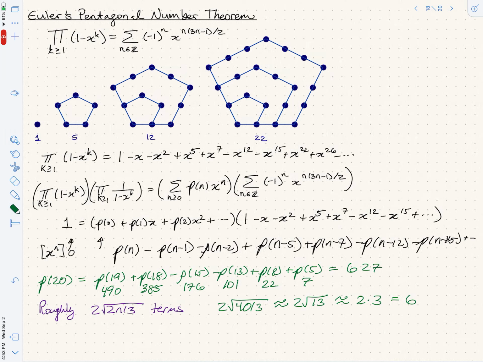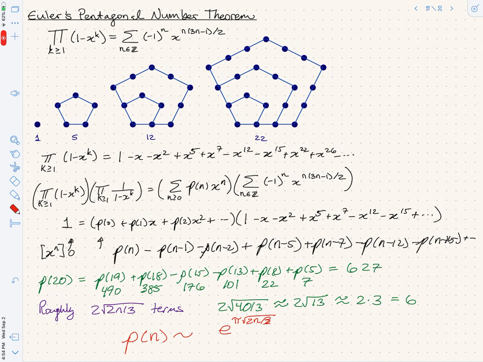And another thing, just the last thing to say, since we're at the very bottom of the page, is you can use Euler's pentagonal number theorem to do an estimate of the actual growth of the partition numbers. So I'm not going to put a proof of this in there, but it's something that I can give you a reference to if you want to see it. But roughly, the partitions grow like an exponential with a square root, and you might notice, that's not a pi, that's an n.